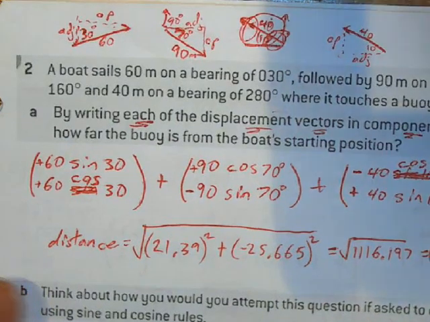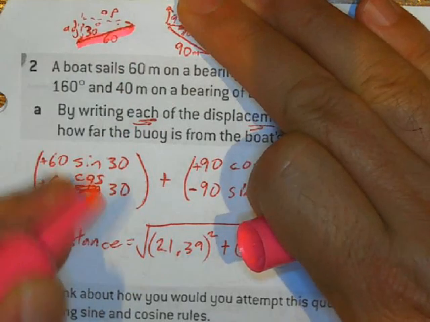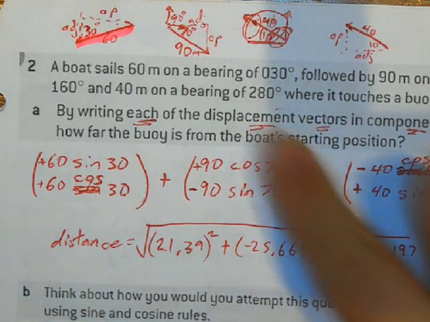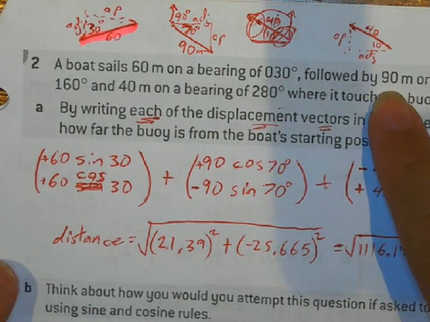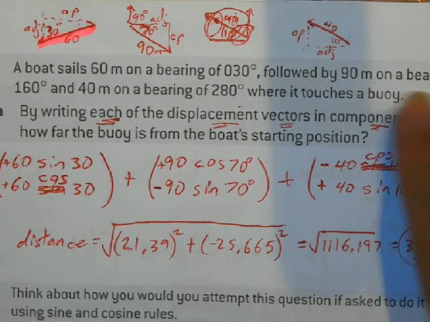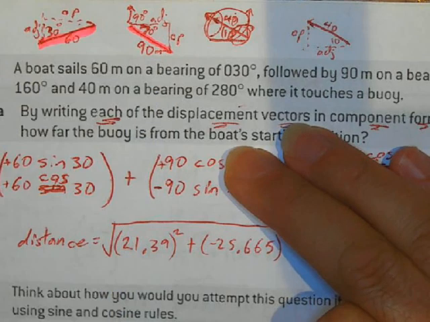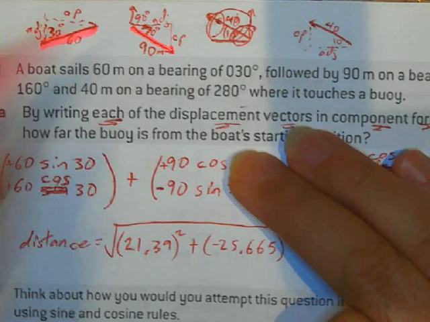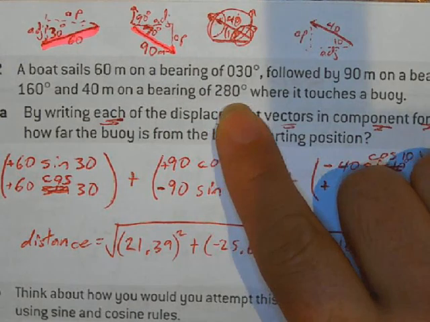Okay, so 60 miles at a bearing of 30 degrees, followed by 90 meters with a bearing of 160 degrees, followed by 40 meters at a bearing of 280 degrees.